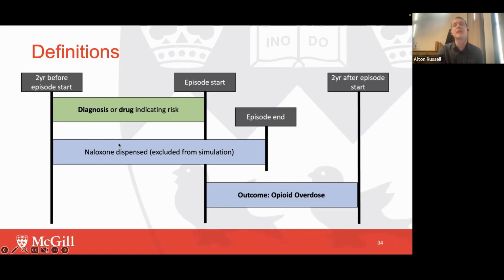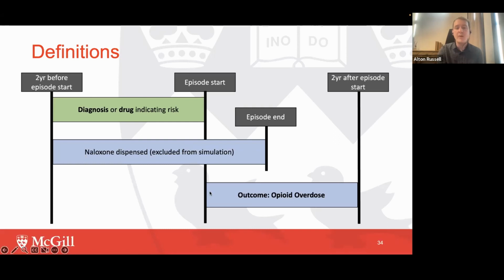When we were looking at the rate of naloxone being co-dispensed for the cohort analysis, we considered that being any time between the 2-year period before the episode started and when the episode ended. This is based on a recent paper that showed that naloxone's shelf life is at least 2 years. So we chose 2 years as our period.